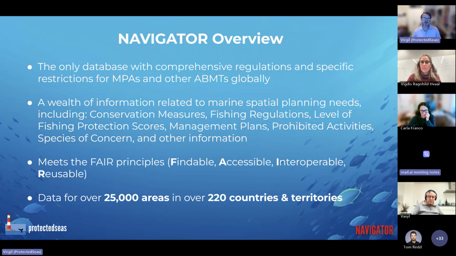For each area, we generate a level of fishing protection score, which we'll talk about, links to management plans. We go through an assessment for over 30 human activities and fishing activities, whether they're allowed, restricted, or prohibited, listing species of concern that are from management plans or enabling regulation, and a host of other information.